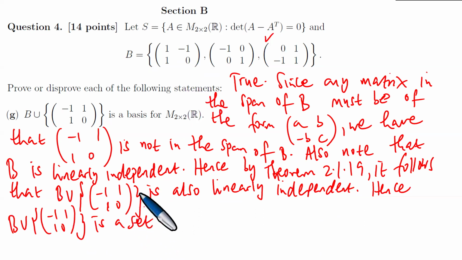So hence B union that is a set. Because B had 3 elements, now we have 4 elements.